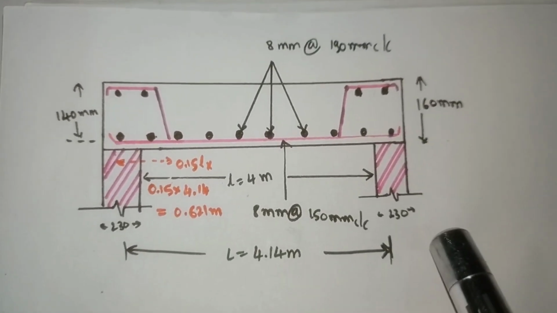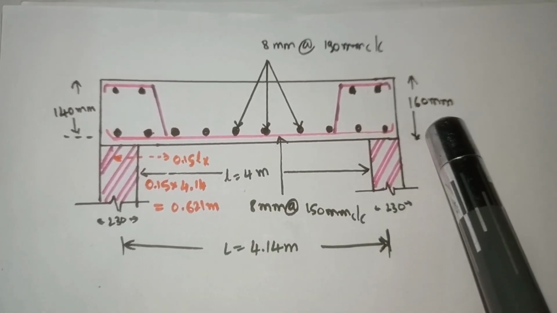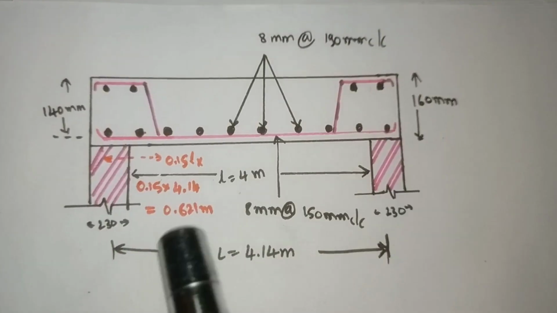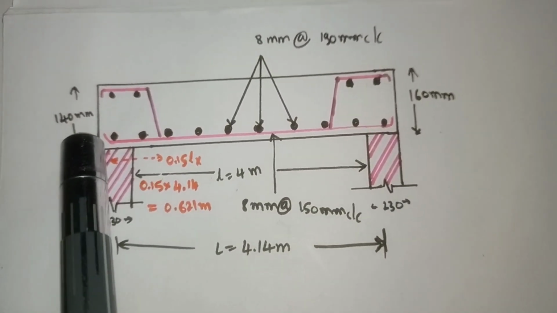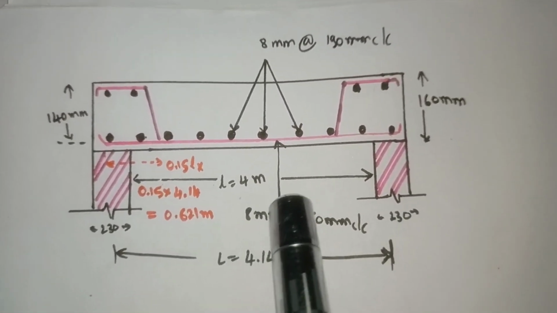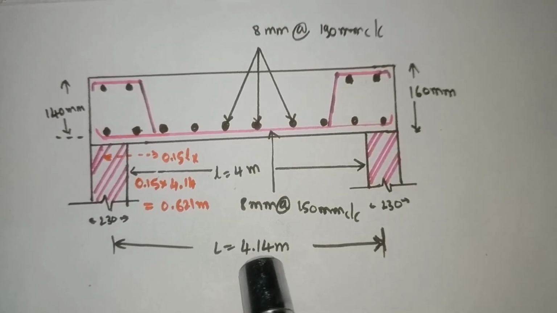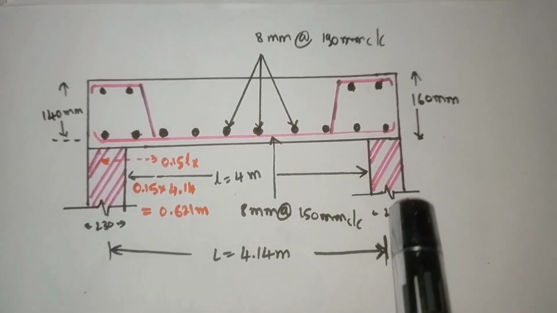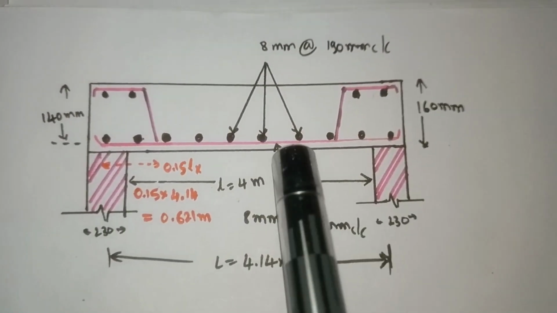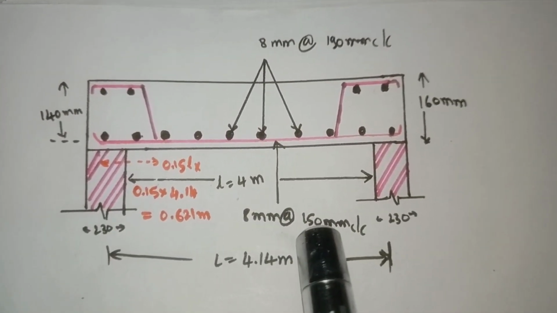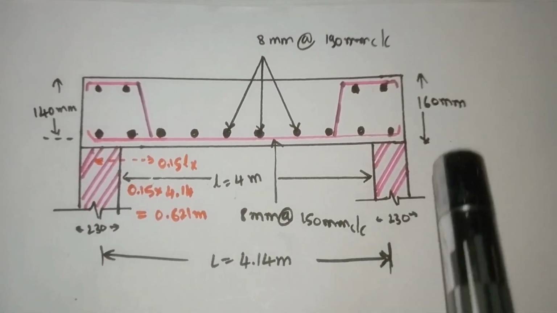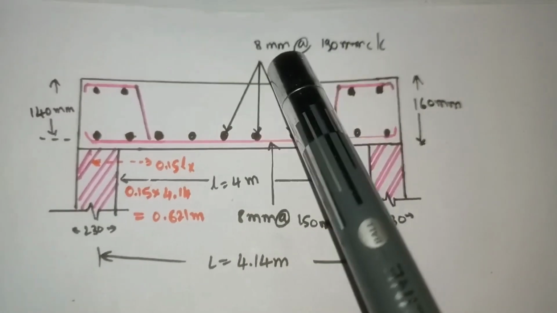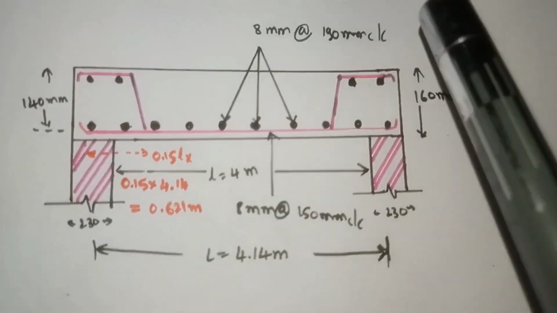This is the shorter span diagram of the two-way slab, having an overall depth of 160 mm and effective depth of 140 mm, with a length of 4 meter and an effective length of 4.14 meter, and 230 mm wall thickness on both sides. The short span has 8 mm bars at 150 mm center to center, and the long span has 8 mm bars at 190 mm center to center.